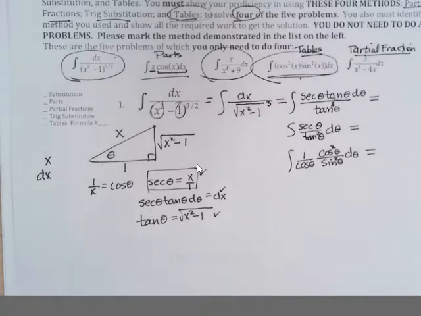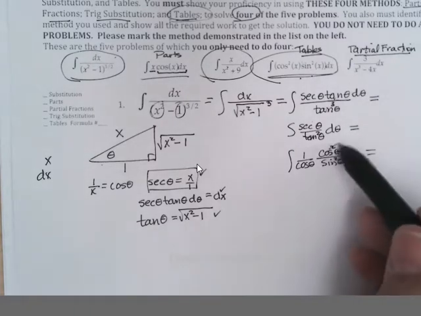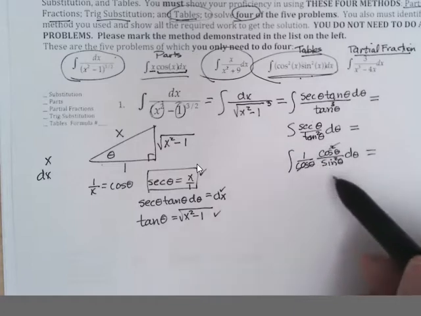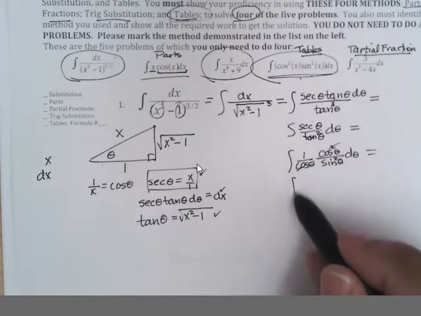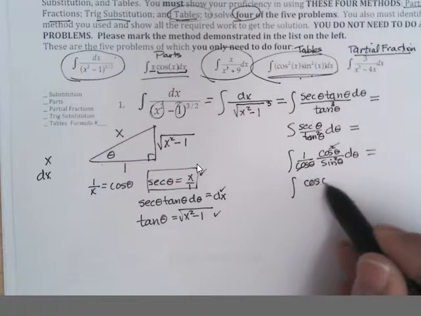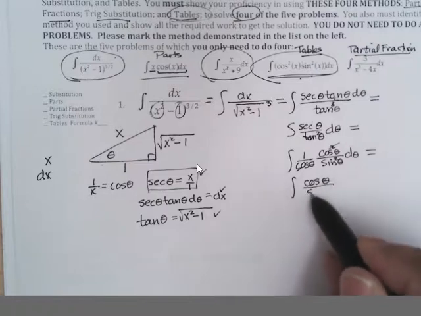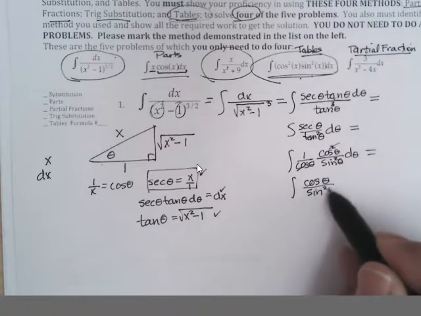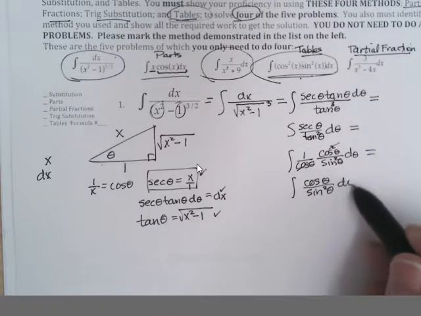And then the square will cancel one of the cosines, so I have the antiderivative, the integral of cosine theta over sine squared theta d theta.